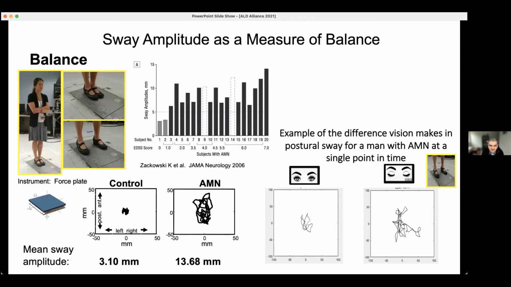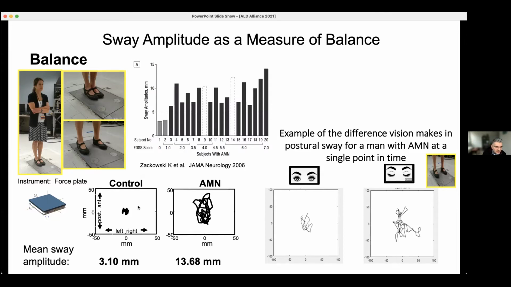So if the dorsal column is affected, we get what we call a sensory ataxia, imbalance, because our feet do not feel where we are in space. And it gets much worse when you close your eyes, because your eyes can still help guide you in space. But when you close your eyes, that visual input goes away. And so it gets much worse.